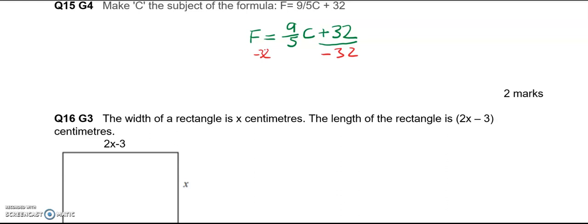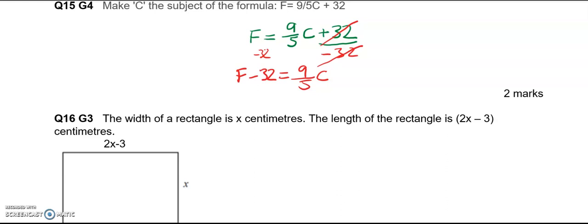So this means now that on this side we'd have F minus 32, and on the other side we'd still have 9/5 C, but plus 32 and minus 32 would cancel each other out. So if I add 32 pounds to my account and then take away 32 pounds, it leaves me with nothing.